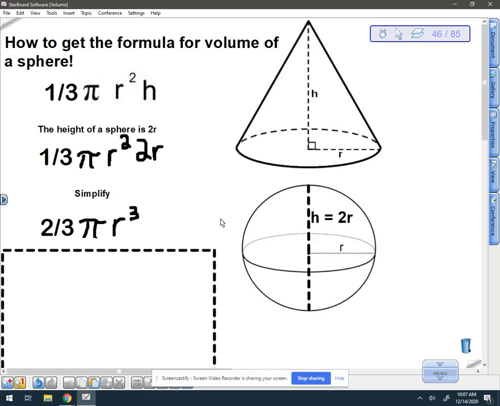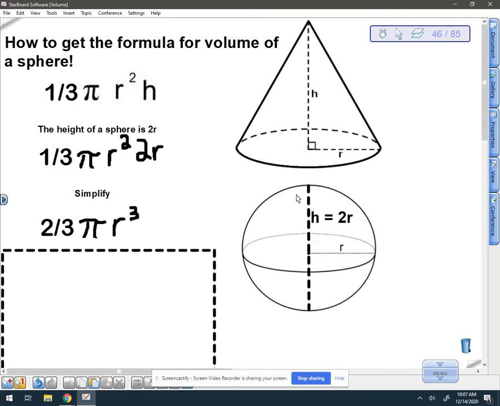And then they said, okay, how does the space compare? Just like we did with the cone and the cylinder, we found out that 3 cones full of water fill up 1 cylinder. So it takes 3 cones to fill up a cylinder. Let's do the same thing with cones in a sphere. How many cones does it take to fill up a sphere?